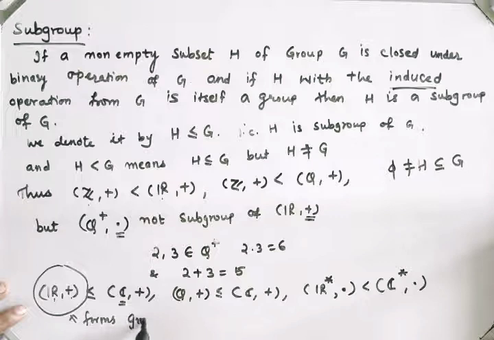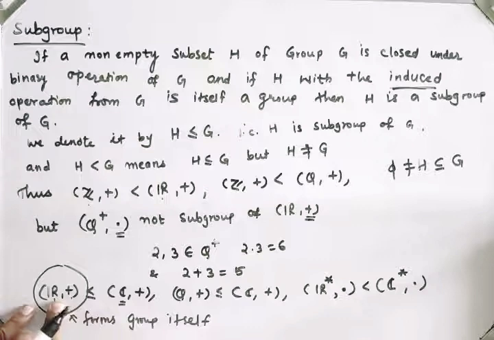Forms a group itself means it satisfies all four properties. First, closure: I take any two elements from real numbers, then their addition is again in real numbers. Next, second condition, associativity for any three elements. So associativity in real numbers under addition is always satisfied.